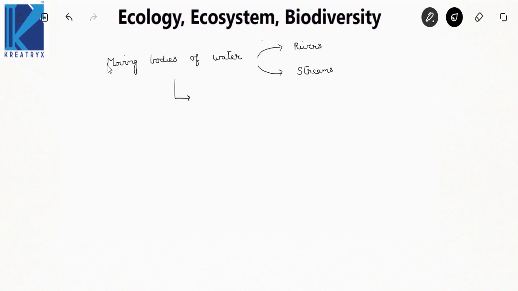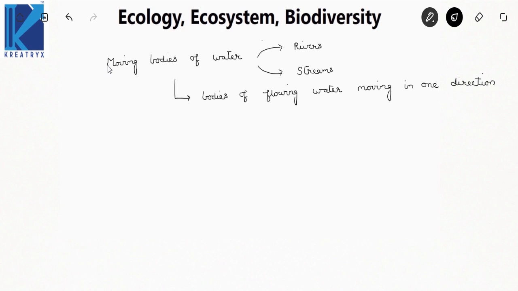Right, now these are bodies of flowing water moving in one direction. This is the basic point.